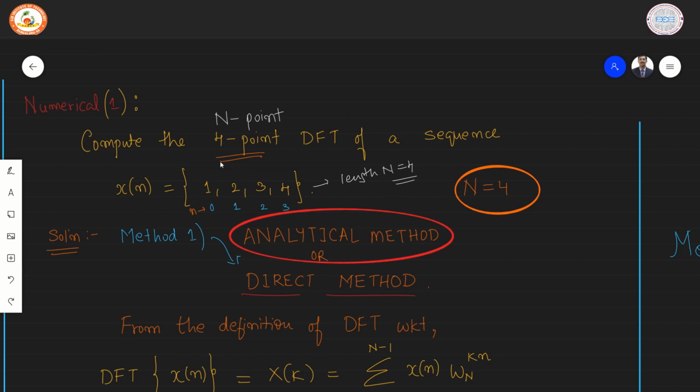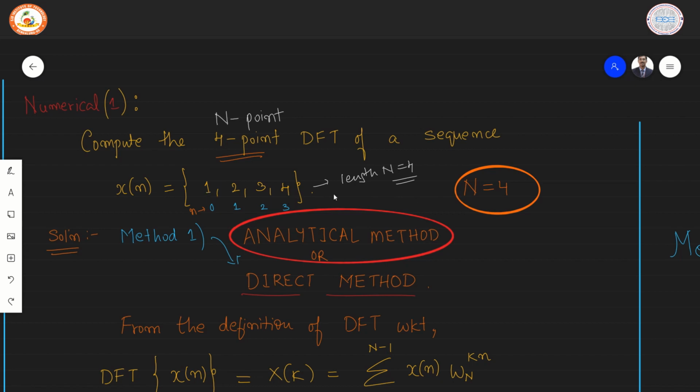In the problem, if they mention explicitly that you have to calculate the DFT for 4 points, it is understood that the capital N to be assumed will be equal to 4. Rather, if the question states compute the N-point DFT, then we are expected to count the number of inputs and perform the calculation for that particular length.